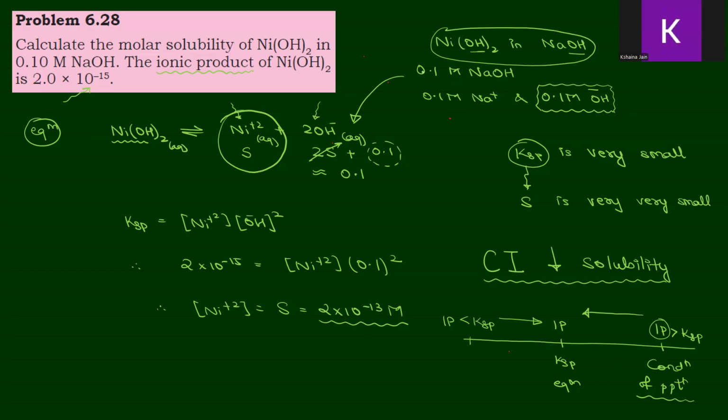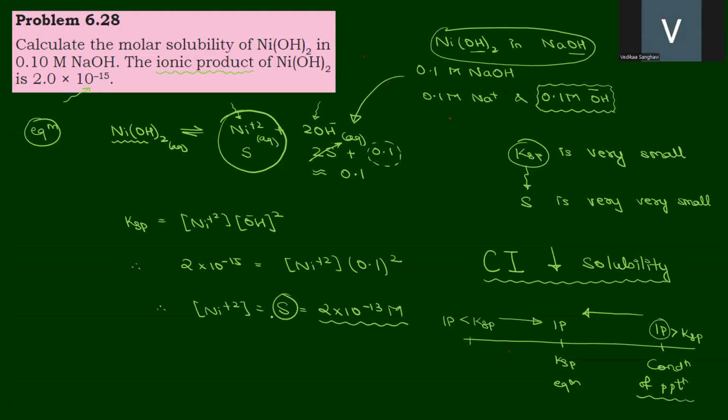Now generally the value of S is very small, so in front of the common ion value, 2S will always be ignored and approximated to that particular value of the common ion. Then you just apply the KSP equilibrium and get the solubility value. Alright, thank you.